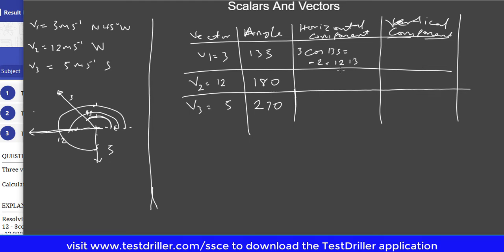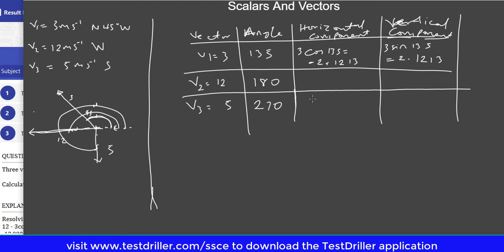So let's look for the vertical component. That's 3 sine 135, and that's equal to 2.1213. So let's move on to the second vector.